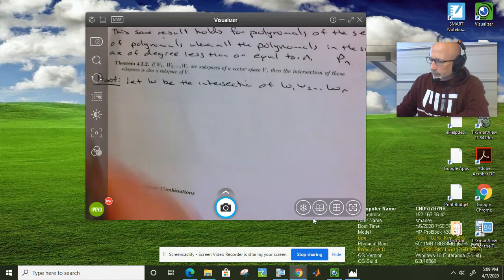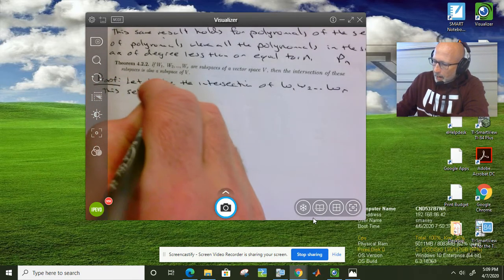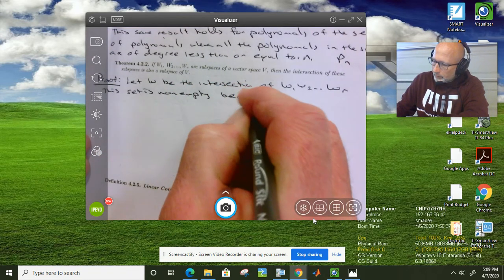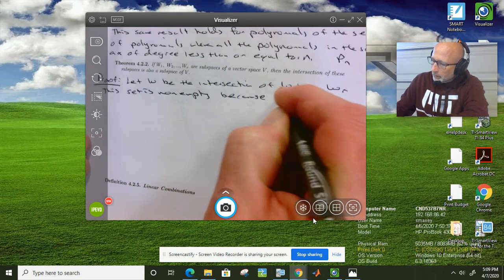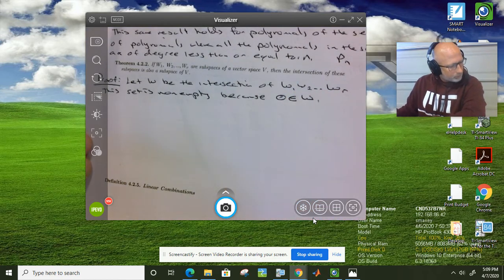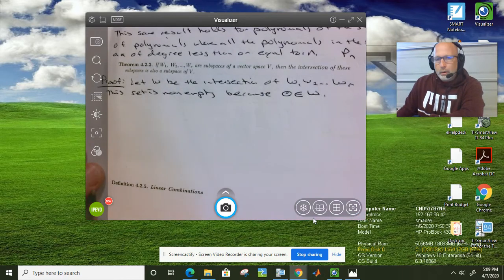So this set here is non-empty because 0 is in W. Okay, we know that that's true. So all we need to do is show that it's closed under scalar multiplication, scalar addition. Okay, so we're going to show it closed under addition first.